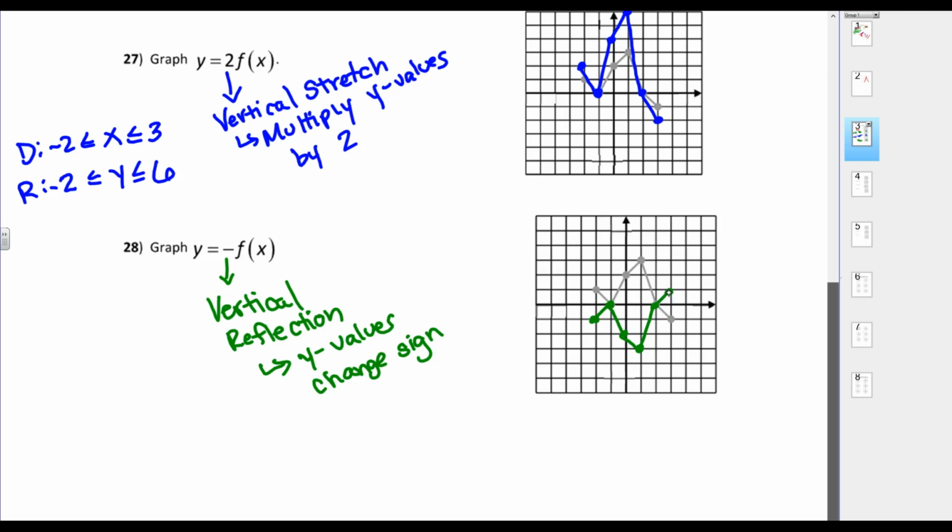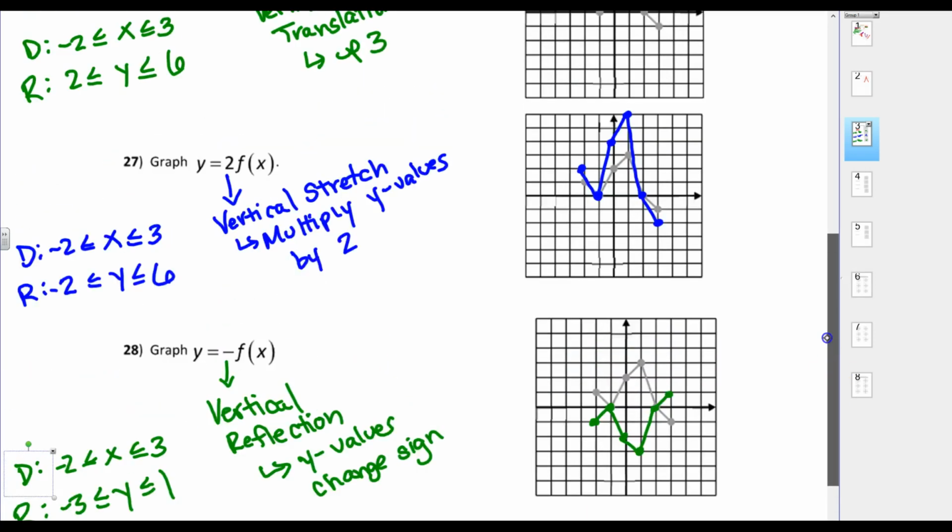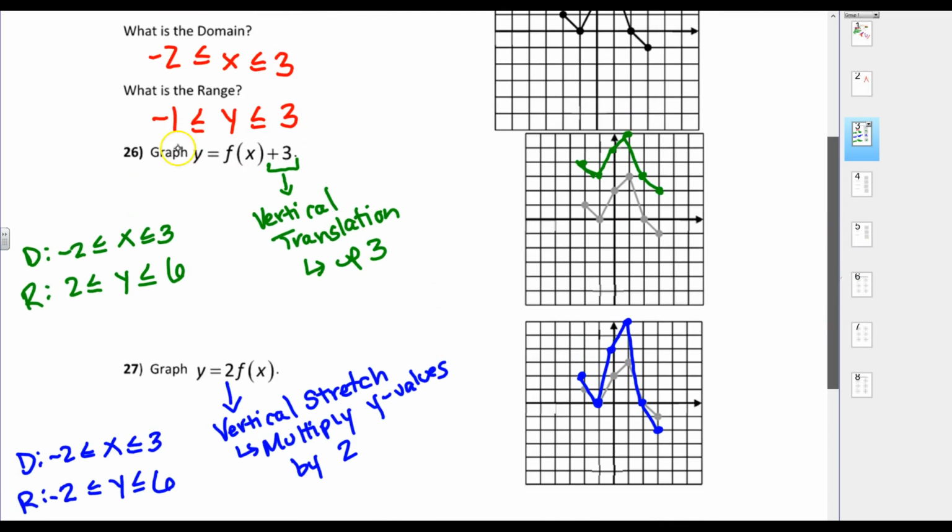And so now when we're considering, again, the domain didn't change. My domain is still between -2 and 3, whereas my range is a bit different. Now the lowest value hit on the range is now -3, and the highest value is now +1. So comparing this to up here, it's the negation of this with signs flipped.